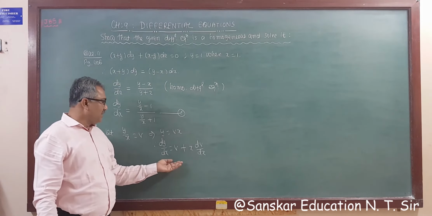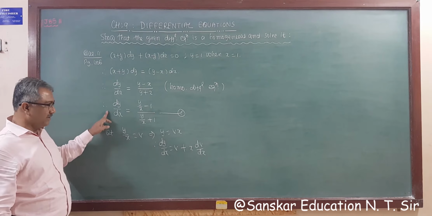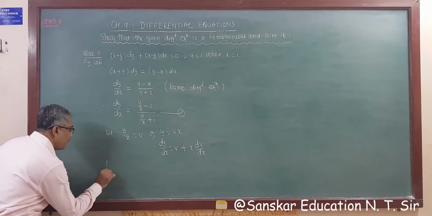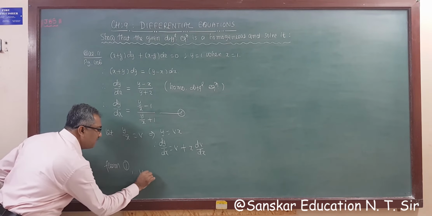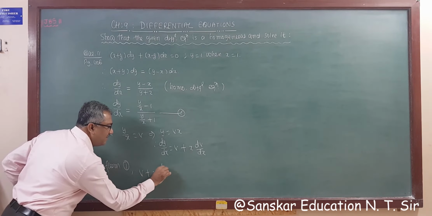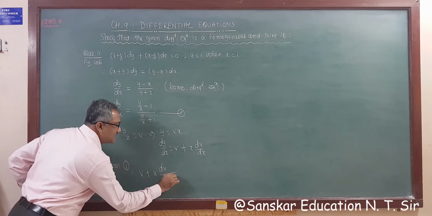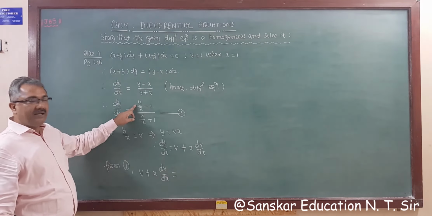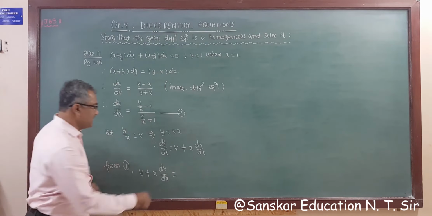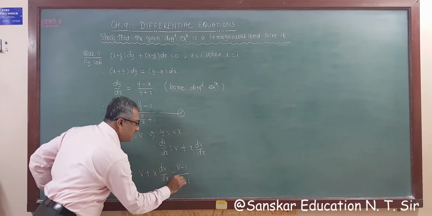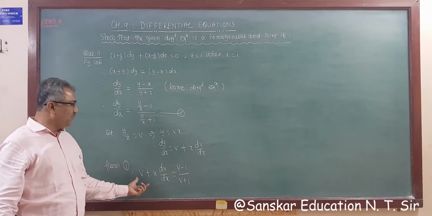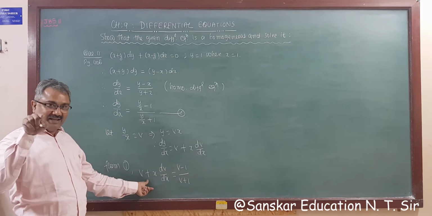So now substituting dy by dx here, what we get from 1? v plus x dv by dx is equal to (v minus 1) upon (v plus 1). Now as you know, we have to convert this into a variable separable form.